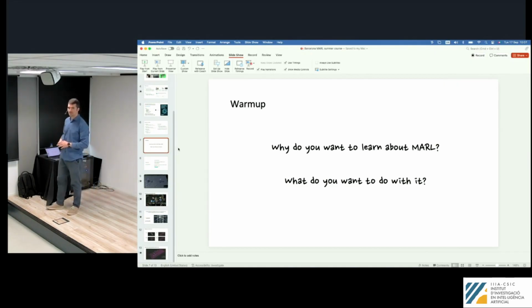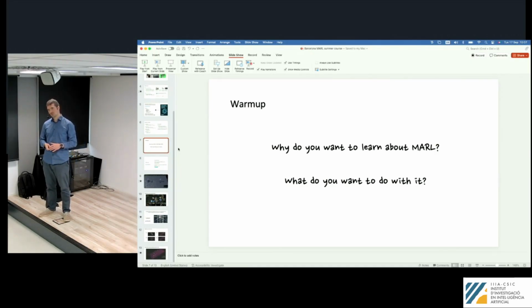Well, I am doing my PhD not exactly about multi-agents. I am working more on what is called physics-informed machine learning, but I am trying to apply this to a series of problems in the field of astrodynamics. And one of the problems I want to try to tackle is the problem of formation flight.